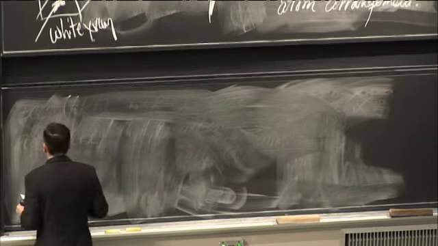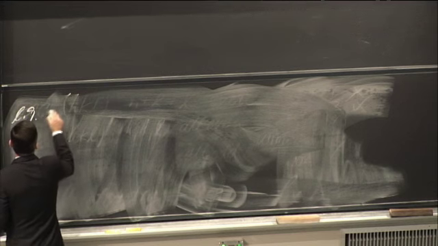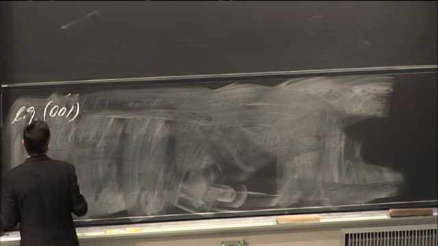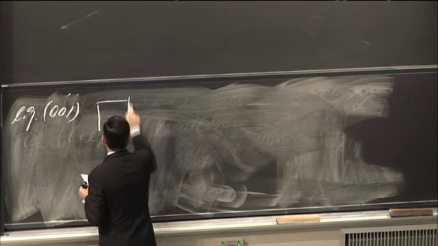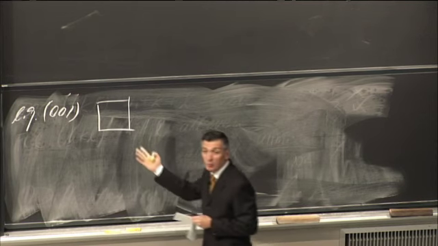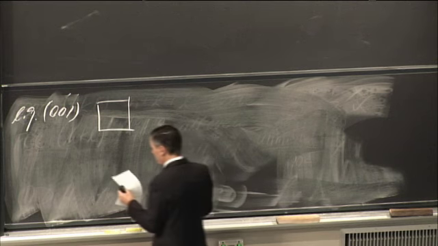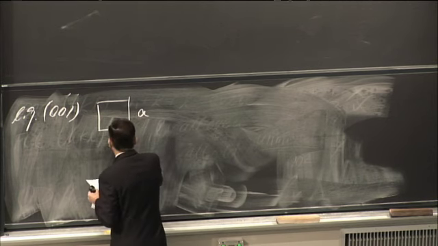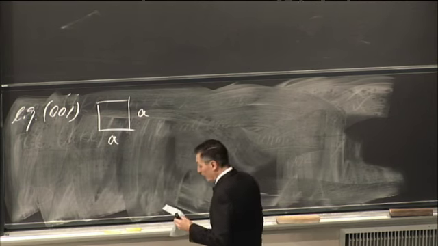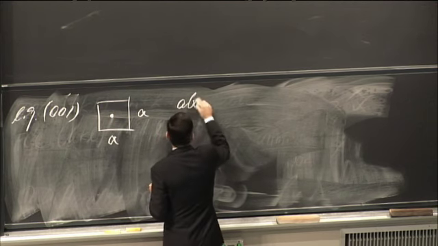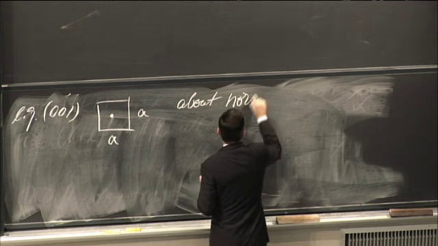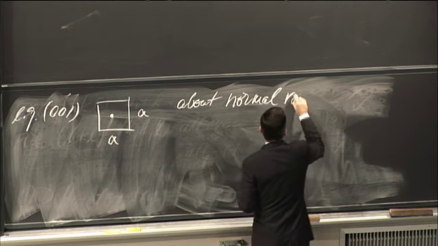So the first one I'm going to look at is an 001 plane. If I just take a projection of an 001 plane, it looks like this, doesn't it? It's just the cube edge or the cube bottom. So it's got A and A as the edge. And now the rotational axis, it's about a normal rotational axis.